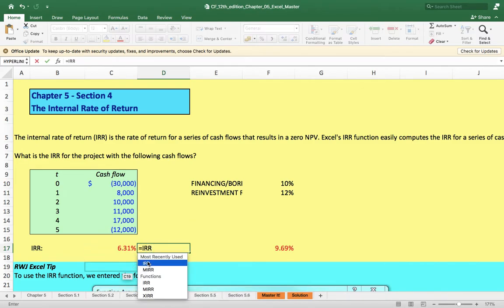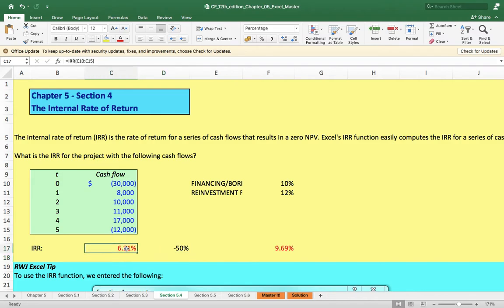Multiple IRR, we just said. Multiple IRR is equal to, calculate the values, and guess minus 0.99, meaning 99%. Enter. See? One IRR is 6.31%, the other IRR is 50%.